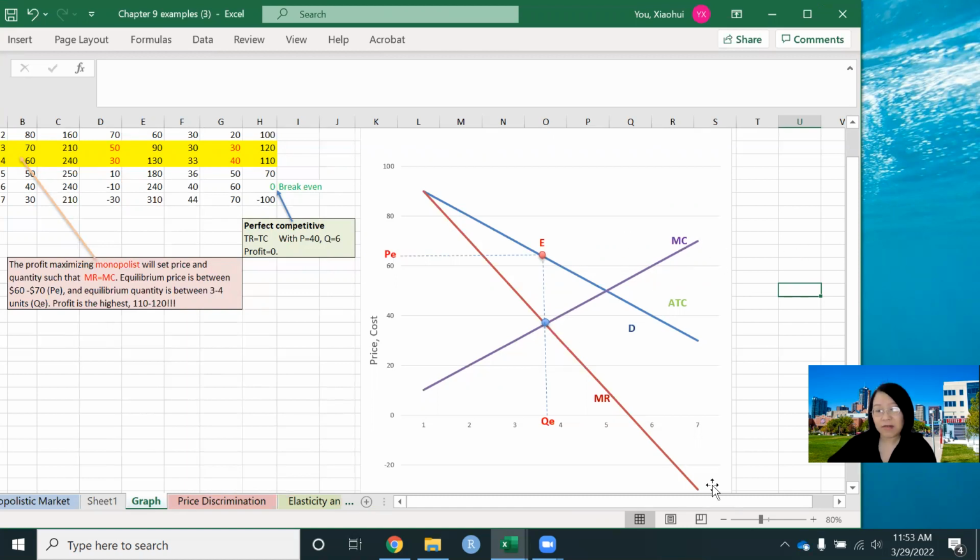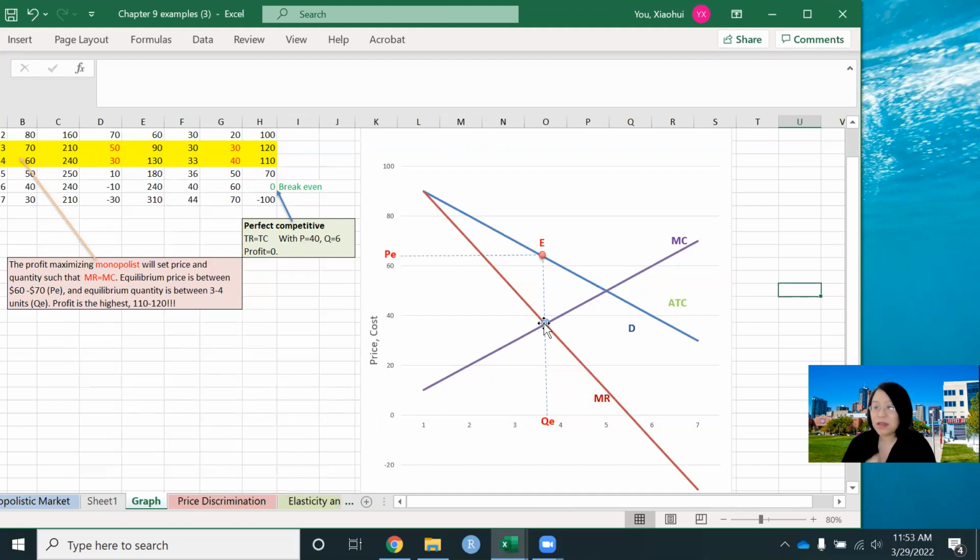So in this graph, how to find MR equal to MC? Intersection. The intersection of MR and MC is exactly the point. So this is the profit maximizing point.